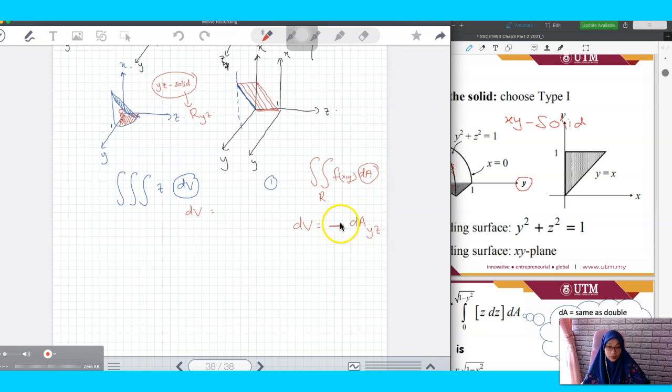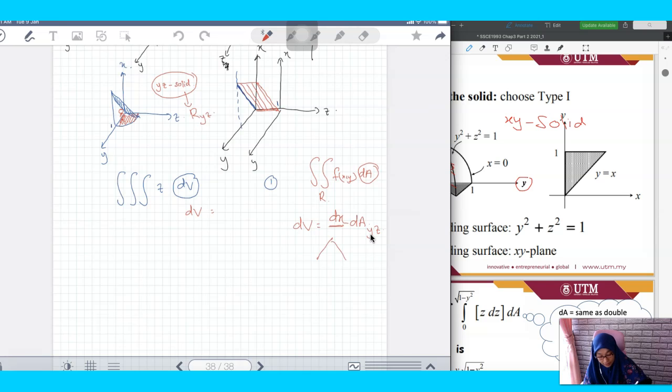Now what else do you have to put here? Is it dy? You have dy already. Is it dz? No, it is already inside the dA. What is the variable that you cannot see here? x, right? Then you have to put the dx. From here you have two options.